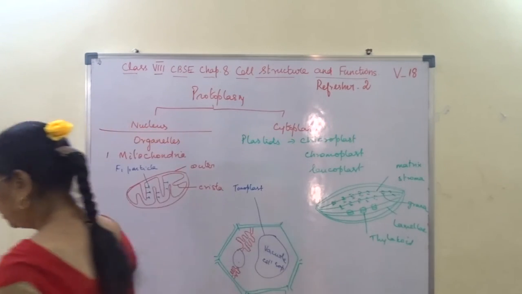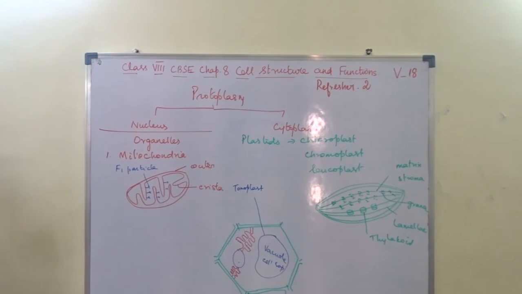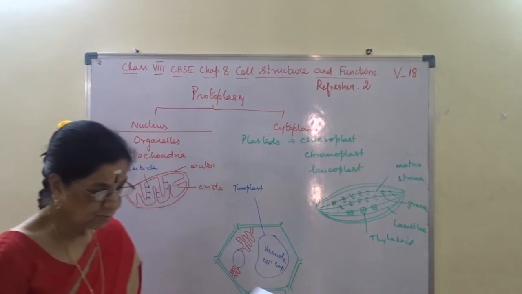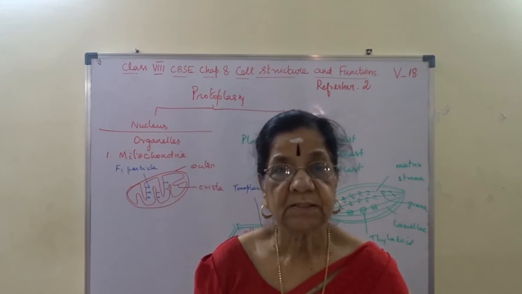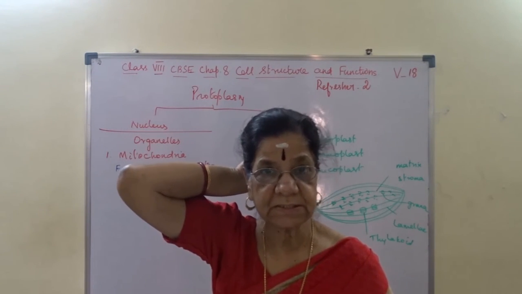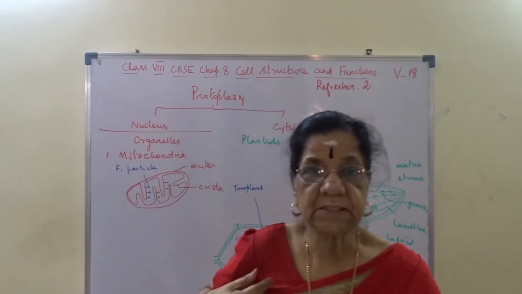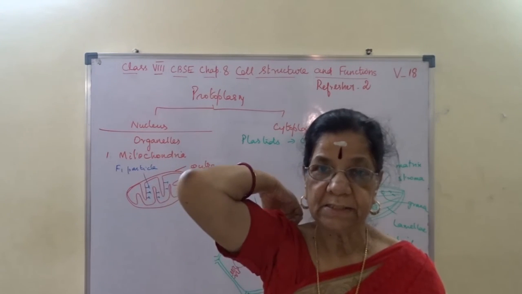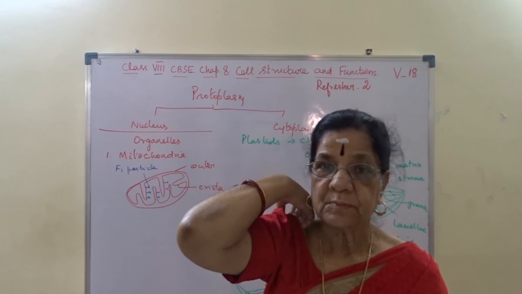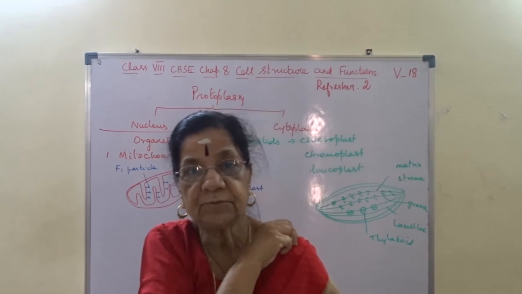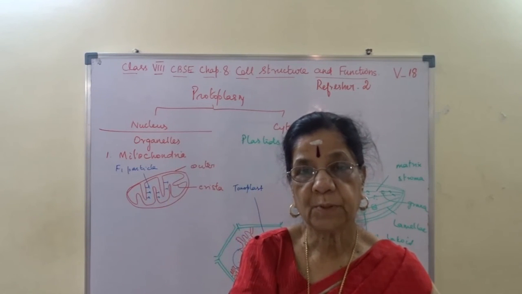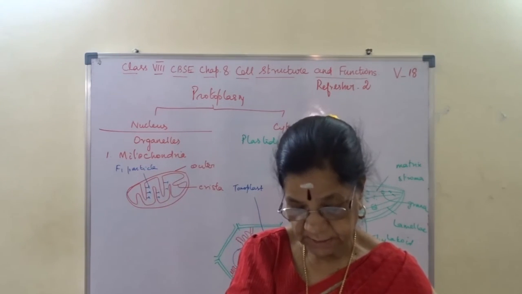Now in our textbook, for cell structure and function: first, the cell is the structural and functional unit. Discovery of the cell: Robert Hooke in the year 1665 identified the honeycomb-like compartment cells in cork.